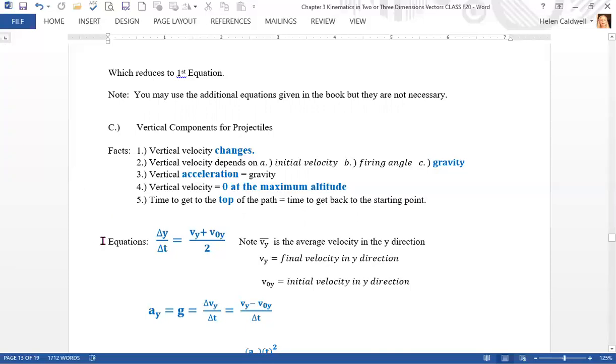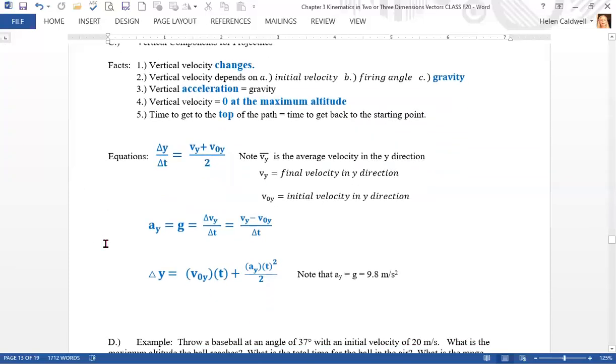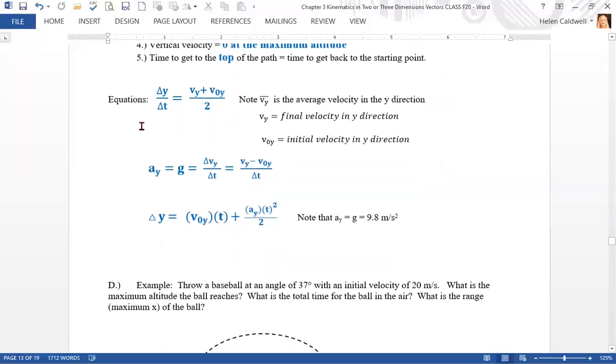So how do our equations end up? In the y direction, if we take our equation and customize it, delta y over delta t is equal to vy plus v0y over 2. That is your same first equation. We had delta x over delta t is v plus v0 over 2, and we just popped in y's to customize it.